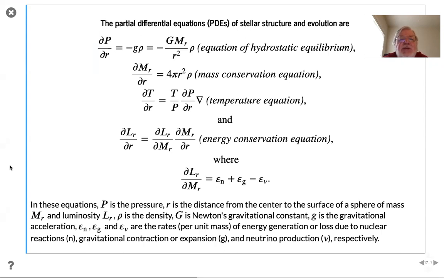So you may wonder from these equations what actually causes the evolution of the star, what causes the changes of stellar structure, because there is no explicit time seen in these equations.